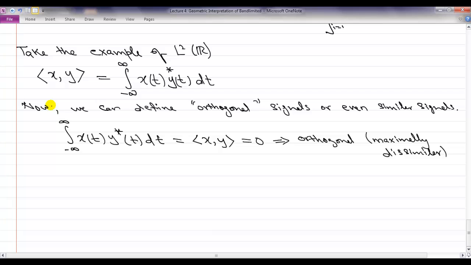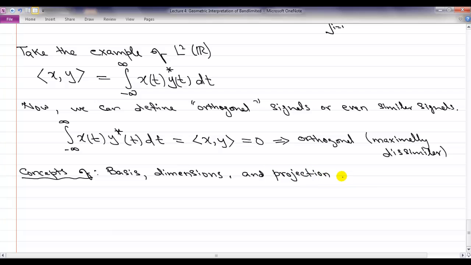Those things are concepts of basis, dimensions, and projection onto an orthonormal basis.